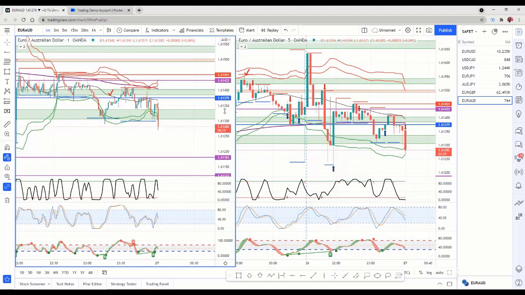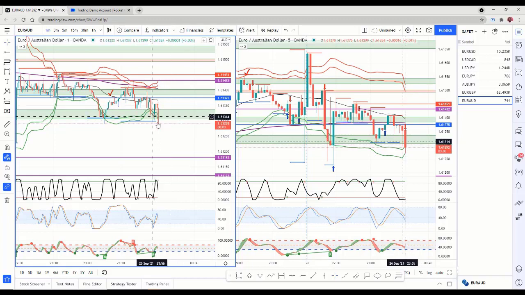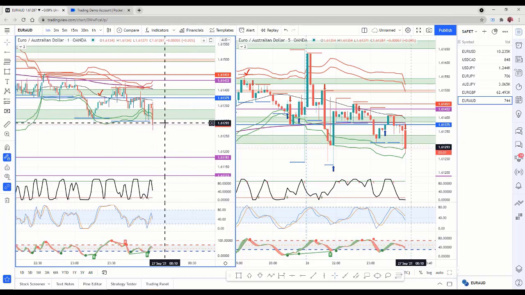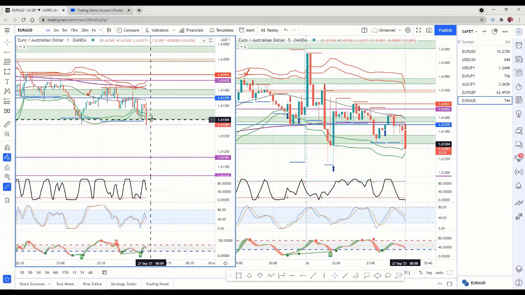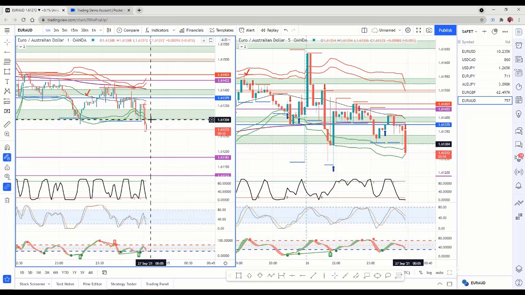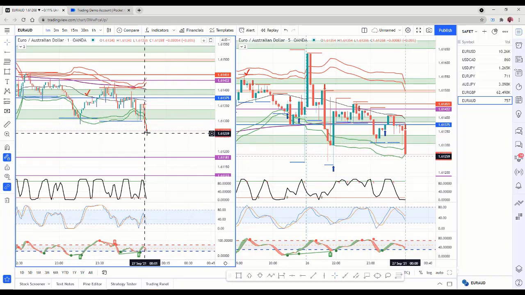That's the market though. It happens. But here, it's going to definitely go back. It's good at support here.